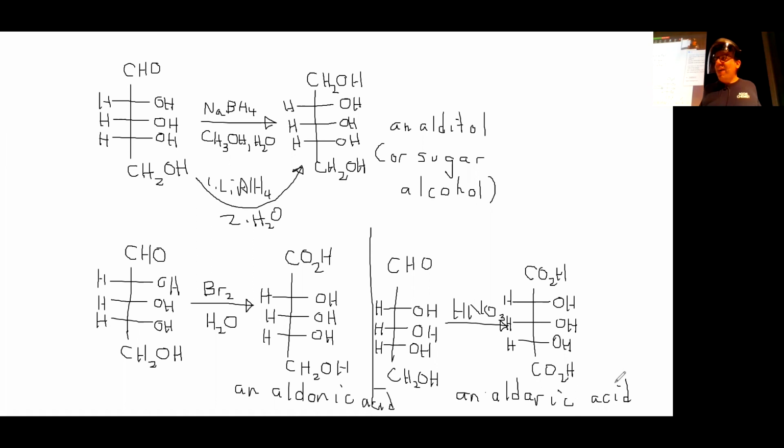Frustratingly similar name, aldonic versus aldaric. And these are all very commonly done, so I'm told, it's not my area, but these are all very commonly done transformations on sugar molecules.